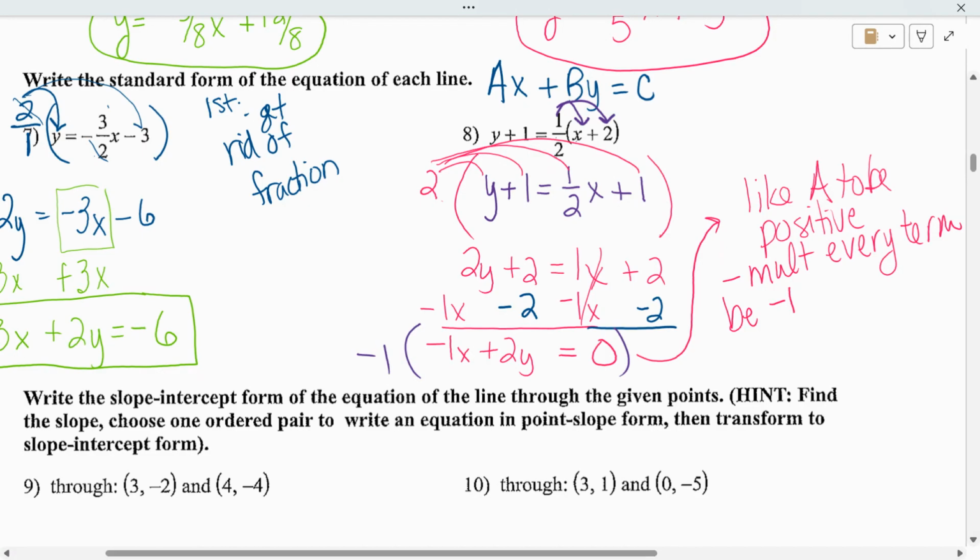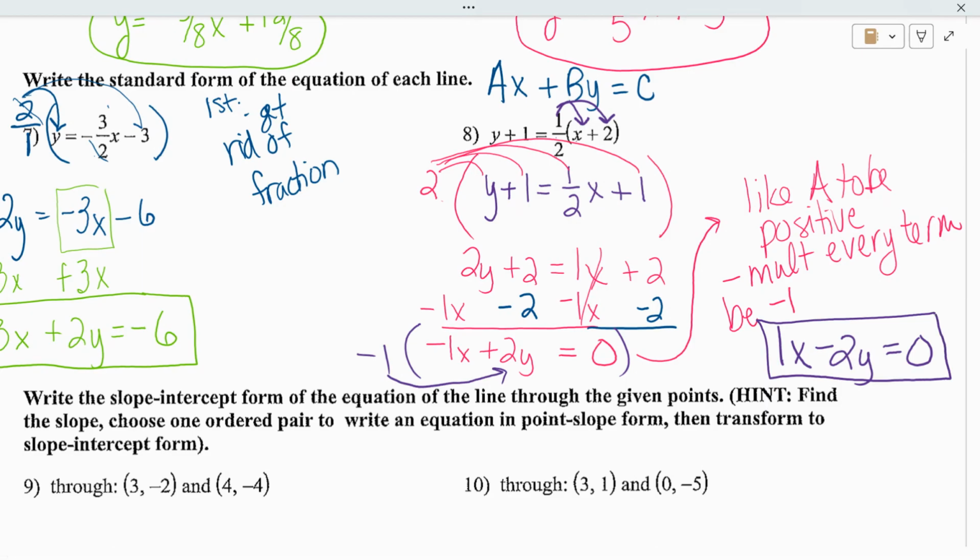So negative 1 times negative 1x is a positive 1x. Negative 1 times 2y is negative 2y. And what is negative 1 times 0? 0. We don't typically like it when our equation equals 0. Our brain just doesn't process that very well.